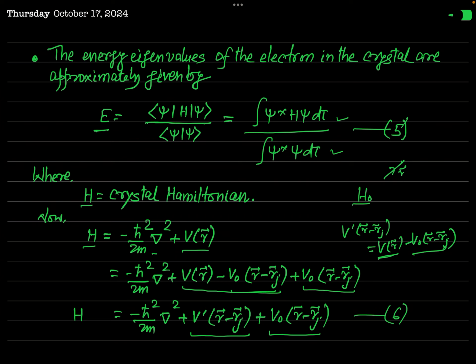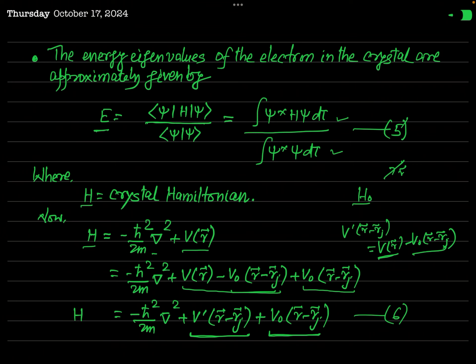So in a nutshell, what is this V dashed of R minus Rj? You can say that this is simply a small perturbation on this atomic potential V naught of R minus Rj.